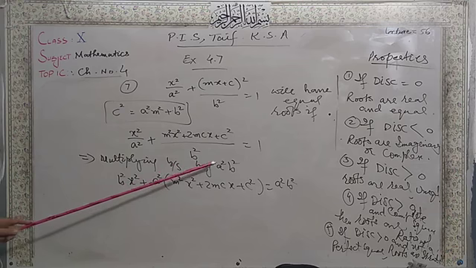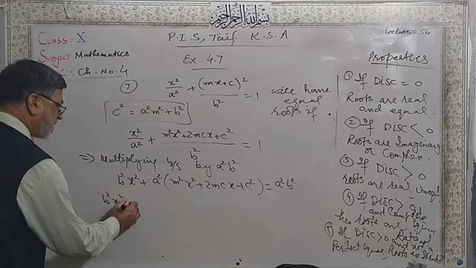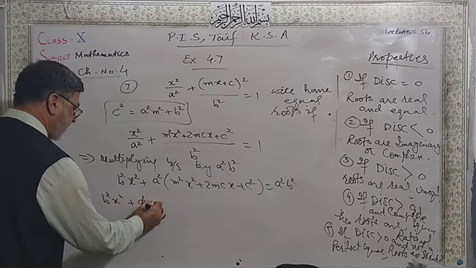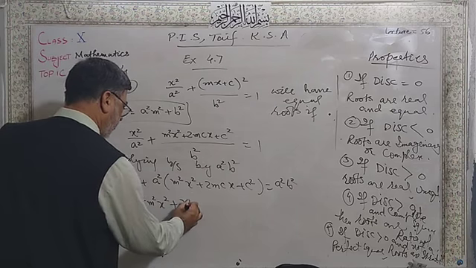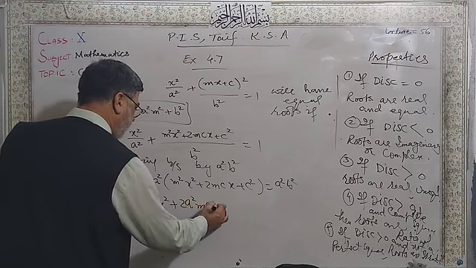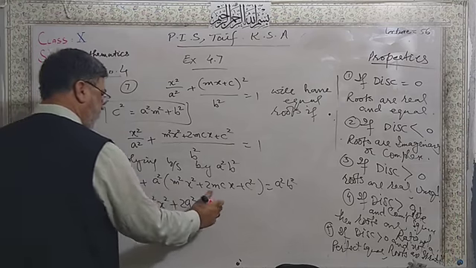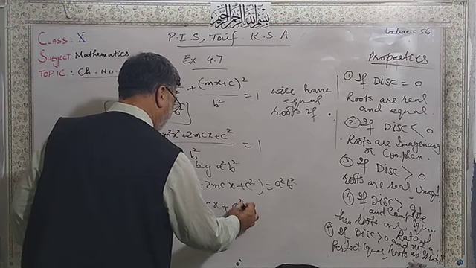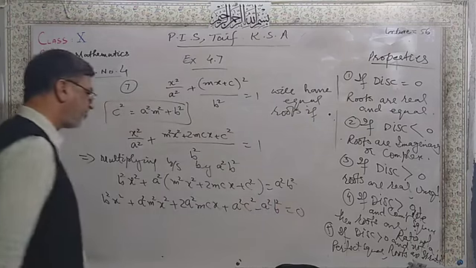And here a square cancelled out, we have b square there. After that, b square x square plus a square m square x square plus 2a square mcx plus a square c square minus a square b square.